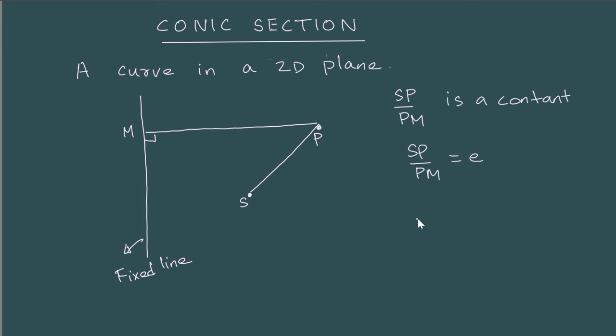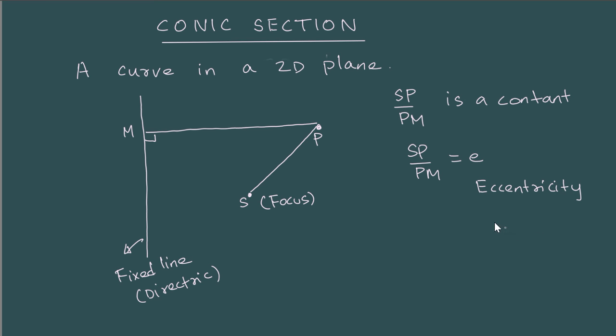Let us look at the various terms here. The fixed point S is known as the focus. The fixed line is the directrix. This fixed ratio e is known as the eccentricity of the conic section.